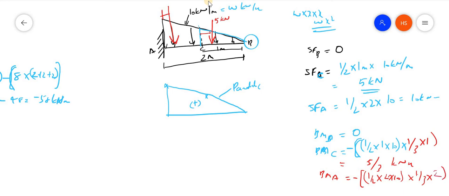So we will be getting 20/3 kilonewton meter. So the diagram will be like this: here it will be 5/3 and here 20/3. This variation should be joined like this, that is, there will be a cubical variation.